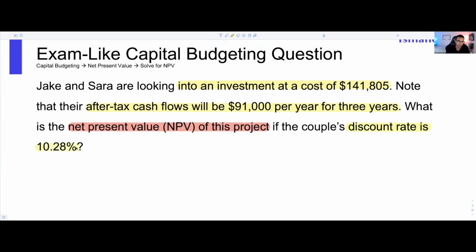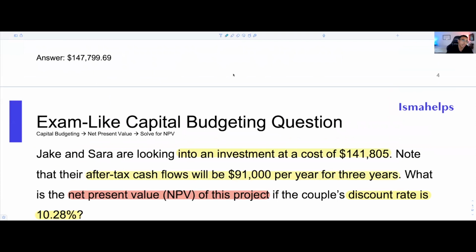So before we begin, I'm a very big fan of always trying to highlight what our formula is. What can we use when we're looking at the net present value? Luckily for you, this is actually quite easy.